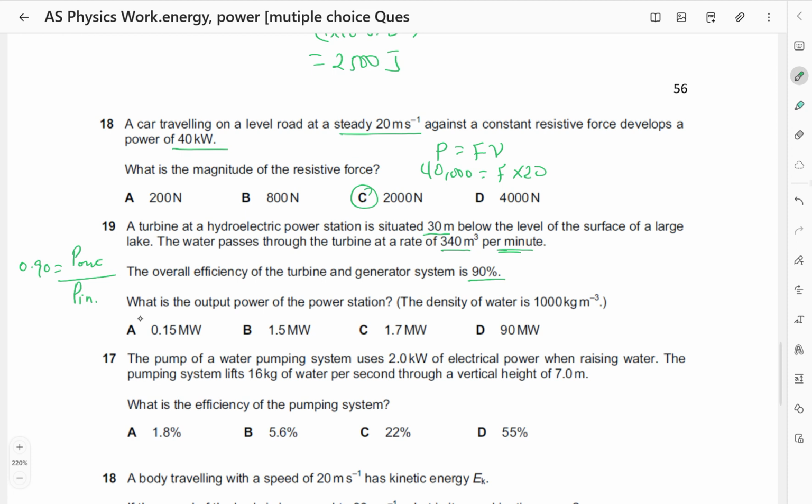Power input is going to be mg times the height over which the water falls. That is the energy input, the loss in gravitational potential energy, then divided by time. But remember, we don't have the mass, however we have the volume. So mass is going to be density times volume. Then I'll divide this by T.